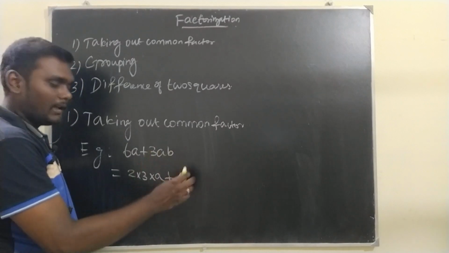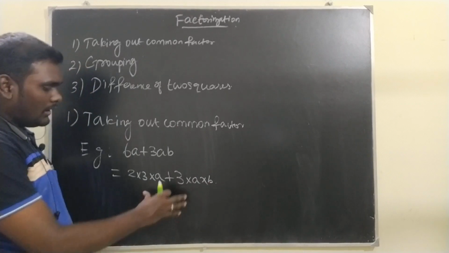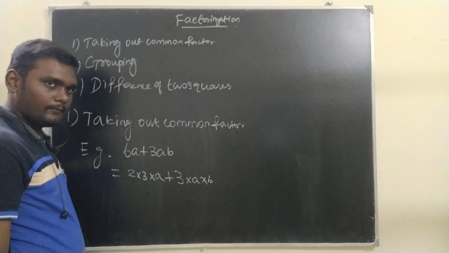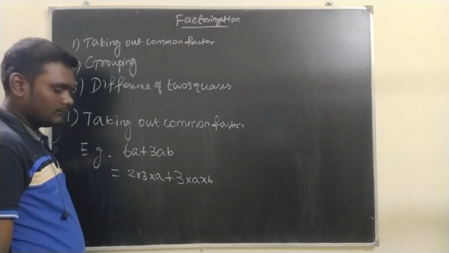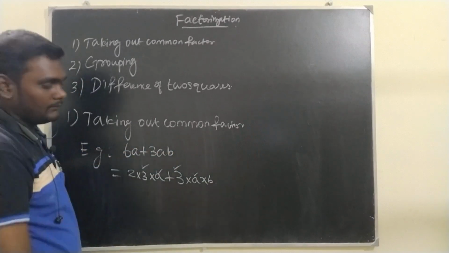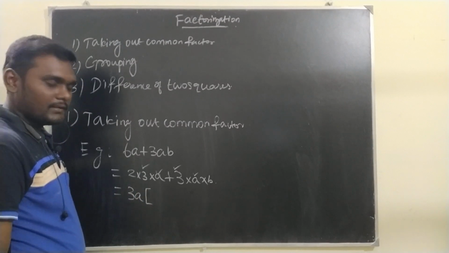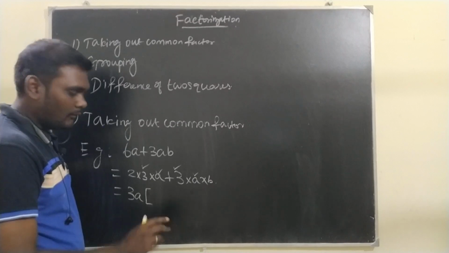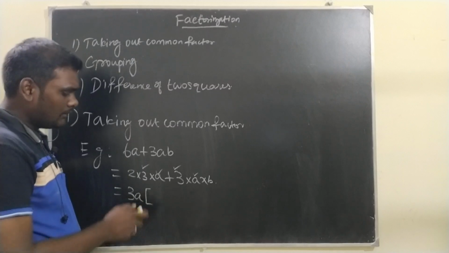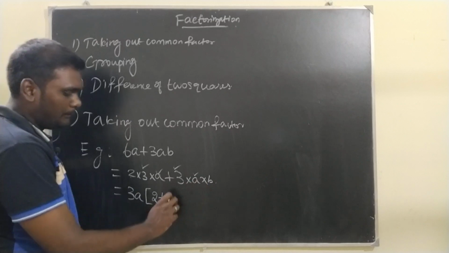Plus this can be written as 3 into a into b. Now among these 2 terms, is anything common? 3 is there, a is there. So we will take out 3a as common, which means we are not going to write that inside. Whatever is left stays inside, because taken out means it is not inside. So only 2 stays inside in this term, plus here only b.